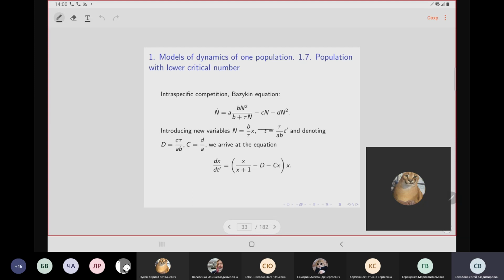We have one positive summand for fertility, one negative for mortality, this one for fertility, this one for mortality. And we add one more for competition.